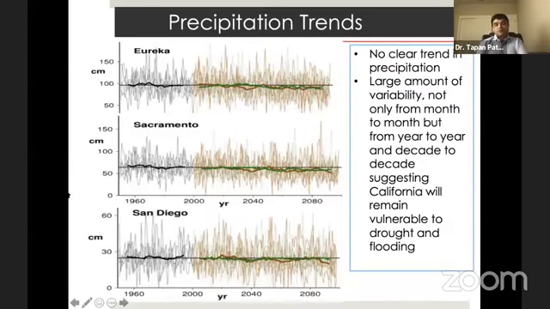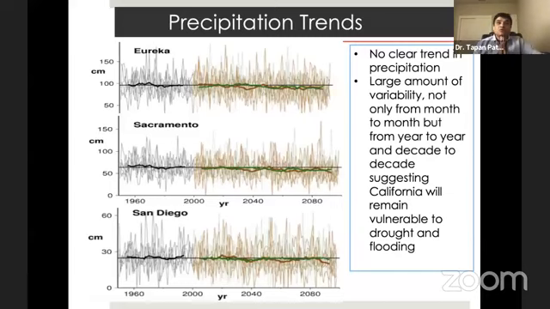Okay, so in terms of precipitation, there are 3 location time series that I'm putting here, 2 in the northern part of the state and 1, San Diego, in the southern part of California. As you can see, none of those time series show any type of trend in precipitation.